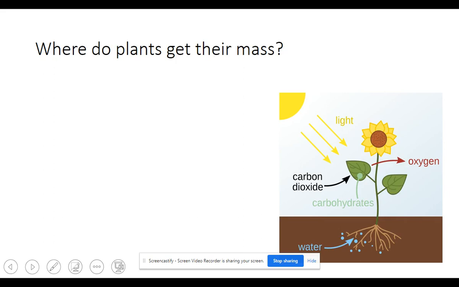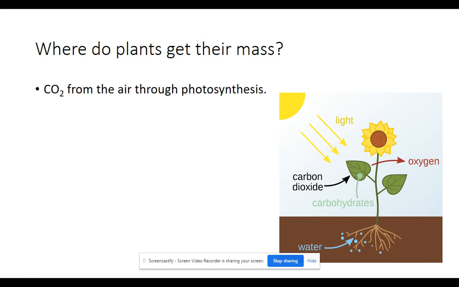If we're burning things, we maybe think about where this is ultimately coming from. Where do plants get their mass? From CO2 from the air, through photosynthesis. Just keep in mind that plants work on photosynthesis, which takes in carbon dioxide, CO2.